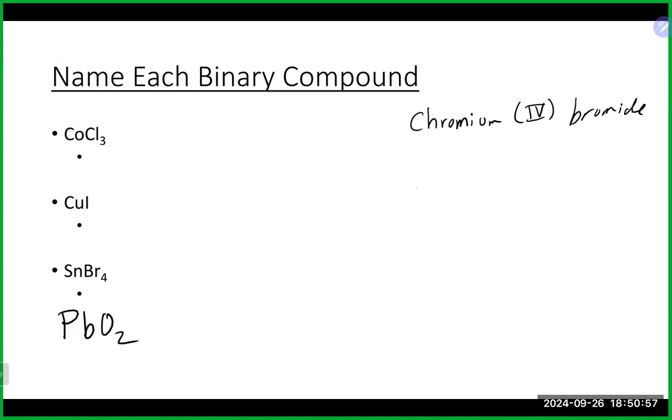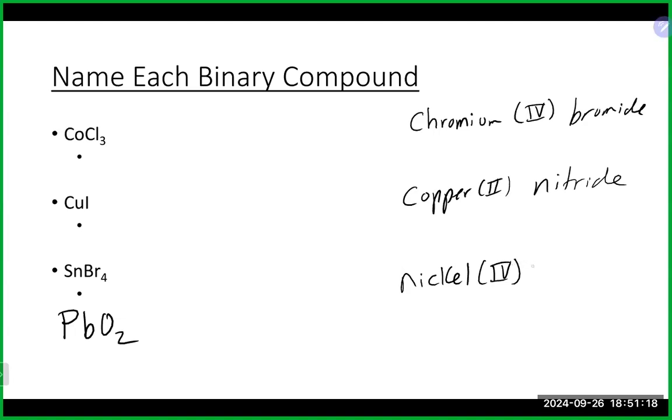Let's do copper 2 nitride. Let's do nickel phosphide. All right, so let's do names on the left there and formulas on the right.